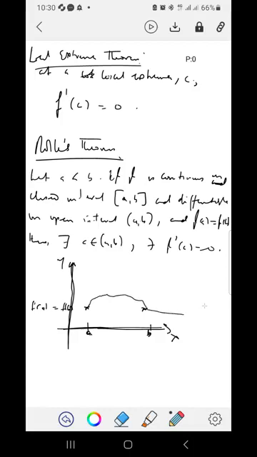Let me redraw it, just for simplicity. From here to here is f of a, and from here to here is f of b.